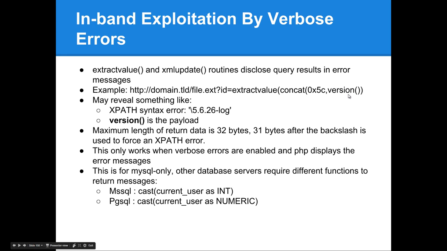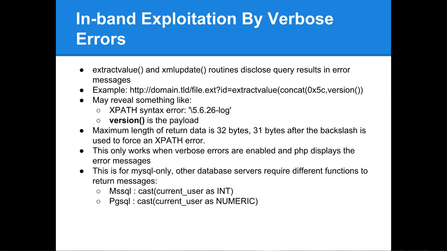Version will execute and return a string, and it will concatenate them, and it's not a valid object to extract values through, so the database will spit out a syntax error such as XPath syntax error, backslash, and then the version of the database. It doesn't necessarily need to be a backslash character or necessarily have to be concat, as far as I know. I may be wrong, but nevertheless, version here is the payload, and this is an example of exploiting the verbose errors.